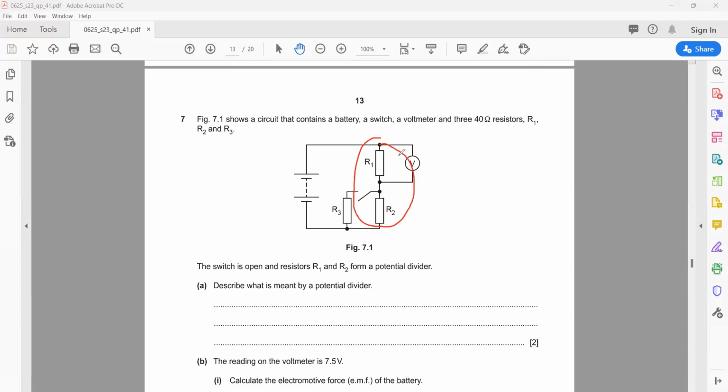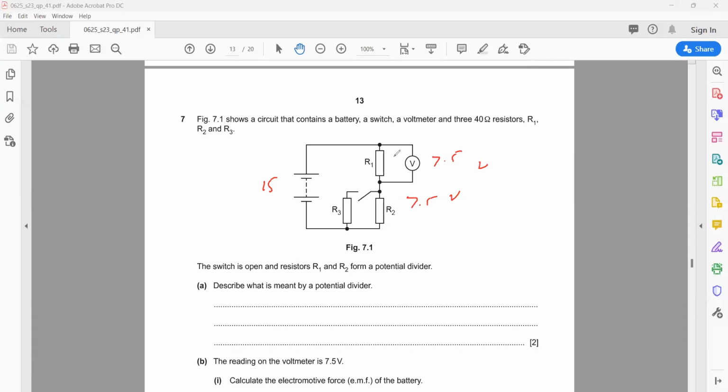What is a potential divider? A potential divider is an arrangement or a setup which will divide your potential into two or more parts, depending on the number of resistors you have. For example, here you have, let's say, 15 volts. So now it will divide it 7.5, 7.5.